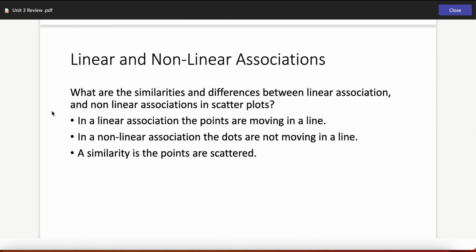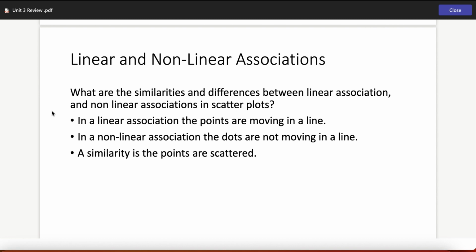Linear and nonlinear associations. The question is, what are the similarities and differences between linear and nonlinear associations in scatter plots? In a linear association, the points are moving in a line. They're always moving straight in a line throughout the graph.